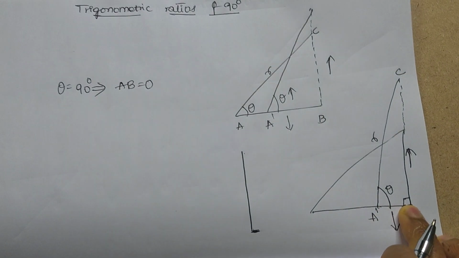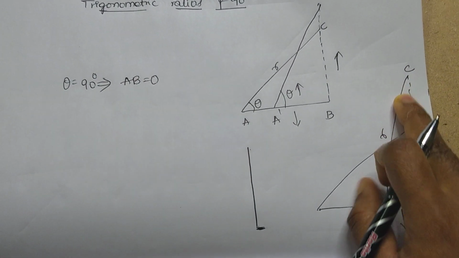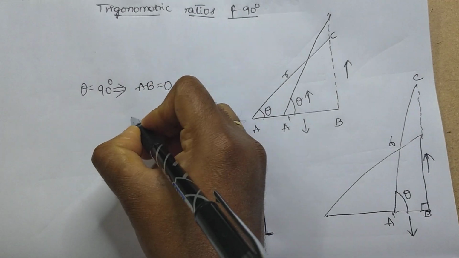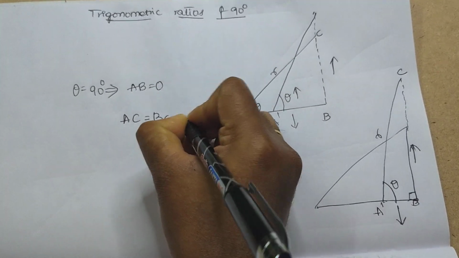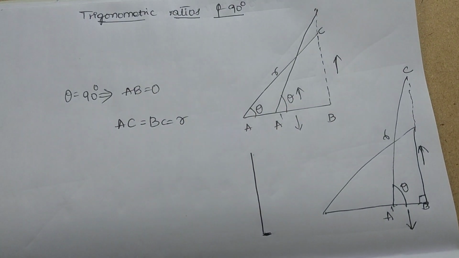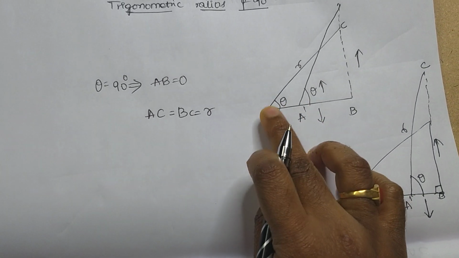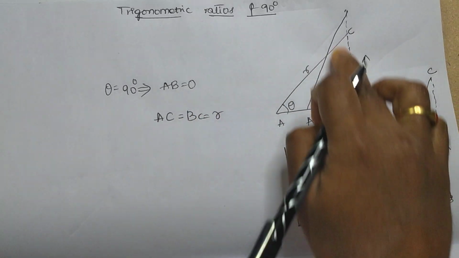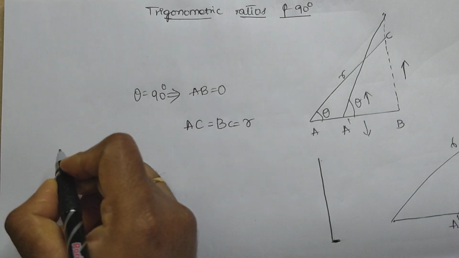And the height and the ladder remain the same because the ladder got placed to the wall. So it becomes AC equals BC equals the length of the ladder, that is R. Clear? So in the triangle, you know the AB value, AC value, and BC value. When you know the three values, it's easy to find the trigonometric ratios, right?